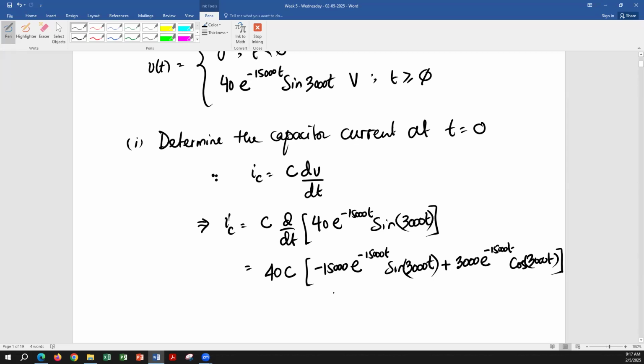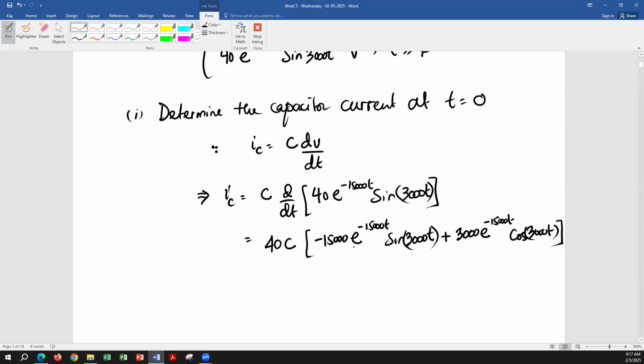So this is our derivative of current. We don't really need to do any further simplification because all we need to do is put t equal to 0 in this term, and we can figure out what is the value at t equal to 0. Now, we know that some of the terms are going to be 0.